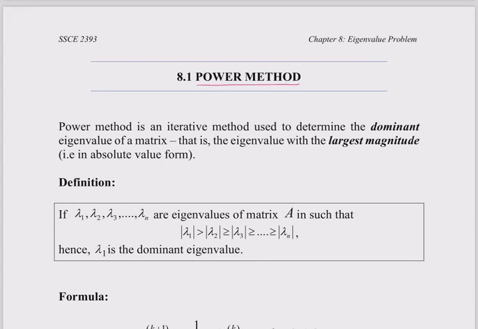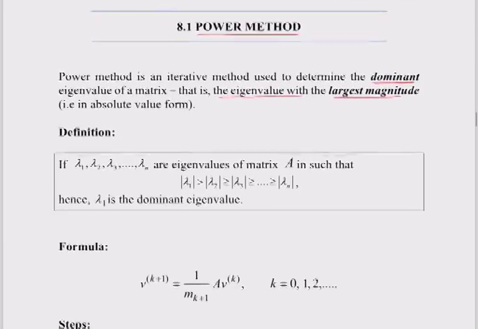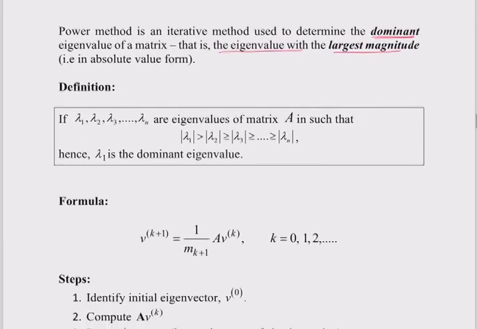The power method is an iterative method that is used to determine the dominant eigenvalue, meaning the eigenvalue with the largest magnitude in absolute value form. And this is the definition.